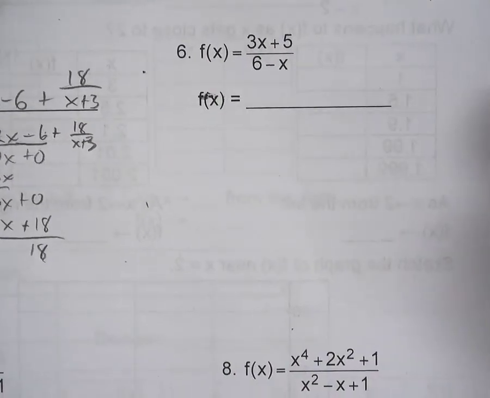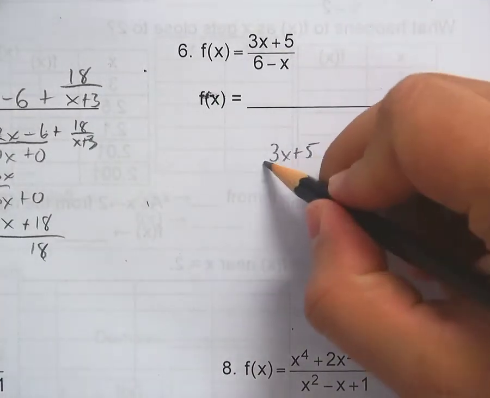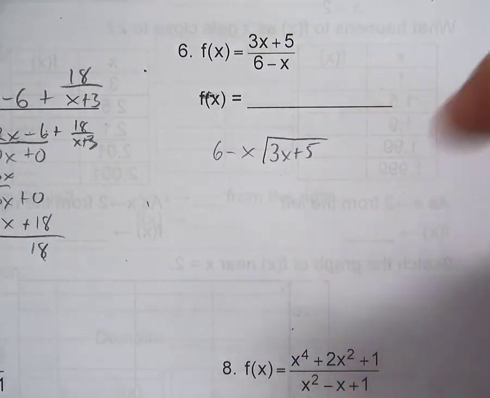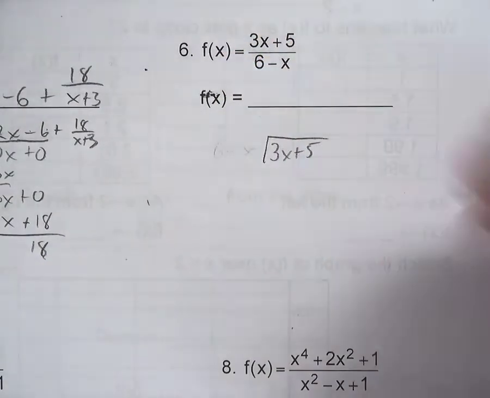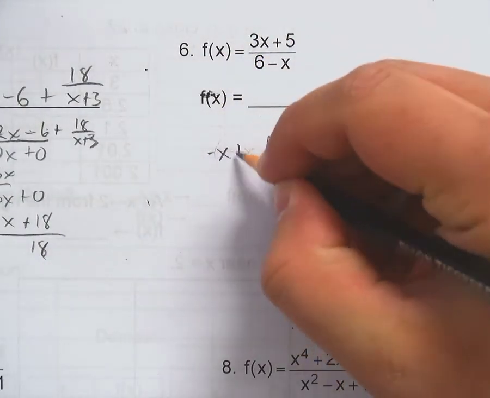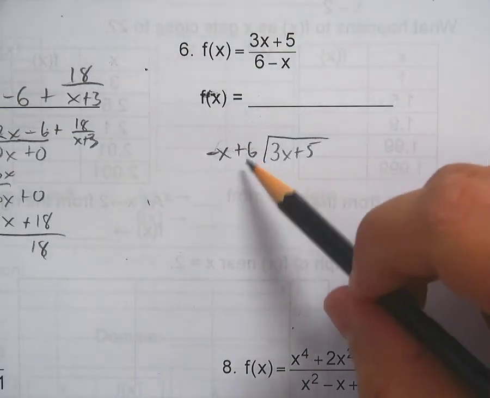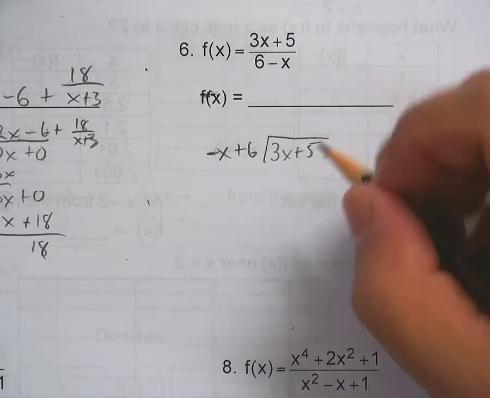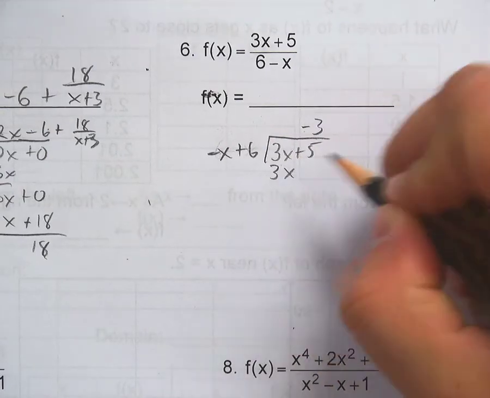Number 6. So I've got 3x plus 5 being divided by 6 minus x. Now, I don't like the way that 6 minus x is written. I'm going to change that to a negative x plus 6 just to make everything all good. Negative x and 3x, what am I missing? I'm missing a negative 3 because negative 3 times negative x is 3x.